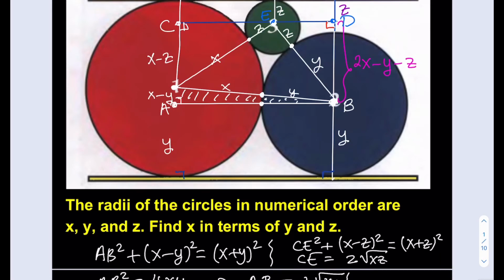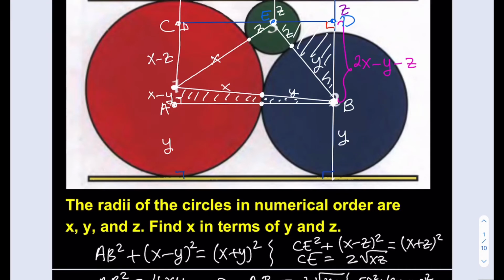And as you know, ED is one of the legs of a right triangle, which I can go ahead and shade here. I can just write down ED squared plus DB squared, which is (2x minus y minus z) squared, is equal to (z plus y) squared.